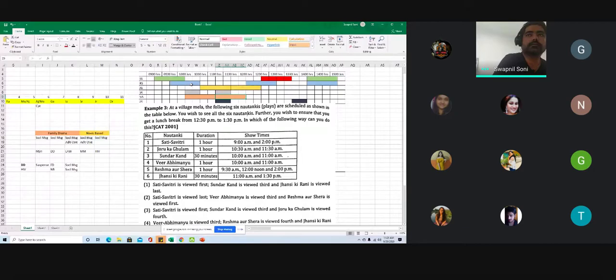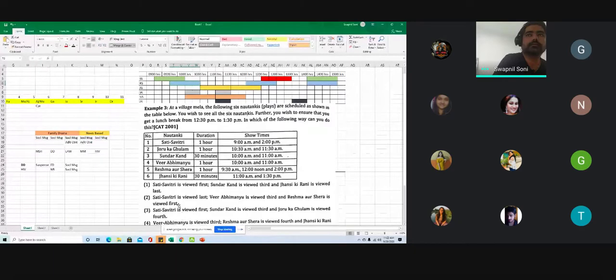So if this is first and this is third, I cannot see any show that I can watch second, because this overlaps with this, overlaps with this, and even this overlaps with this. So there is no way I can have a second show with this combination. So option 2 is out.